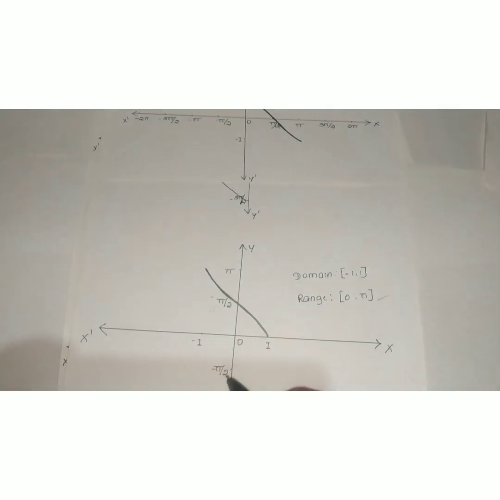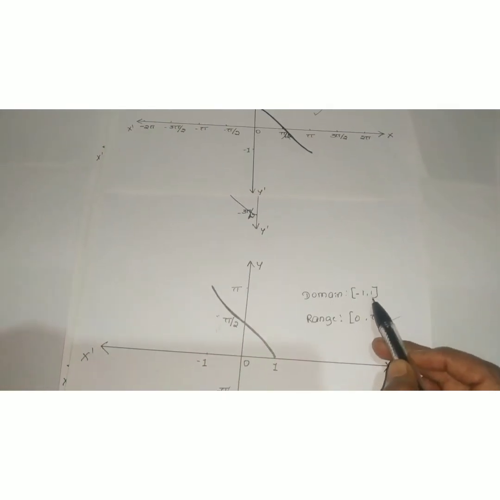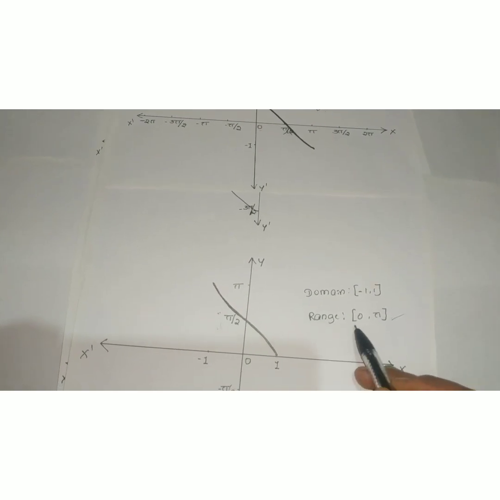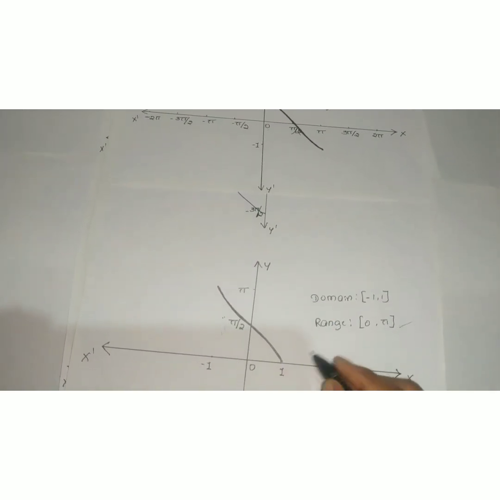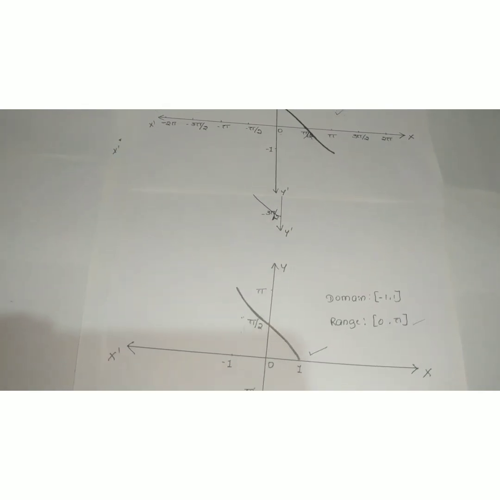So in the restricted cos inverse function, the domain value is the closed interval -1 to 1 and the range value is the closed interval 0 to pi. In this domain and range, the cos inverse function is invertible.